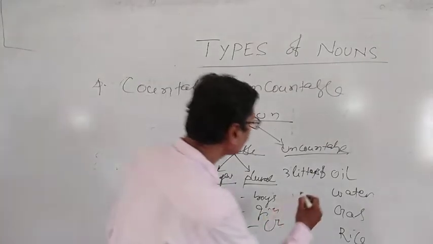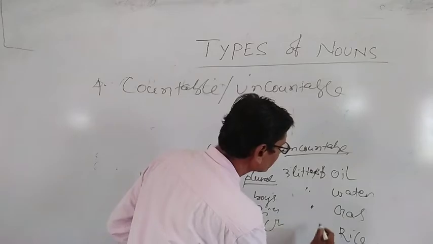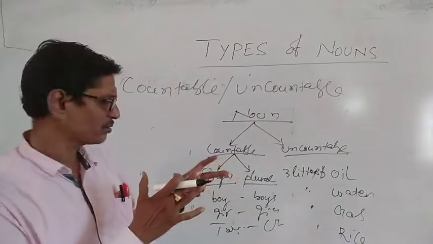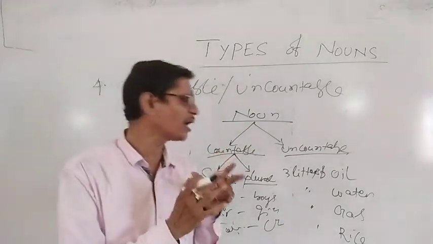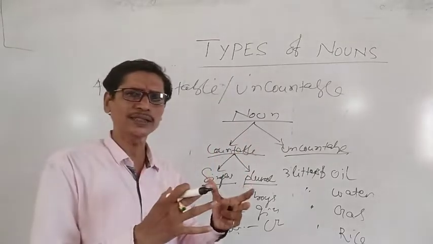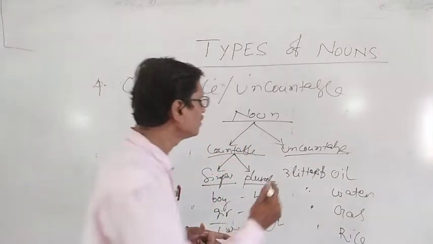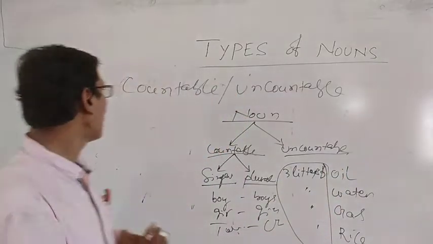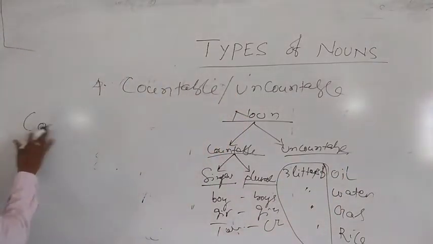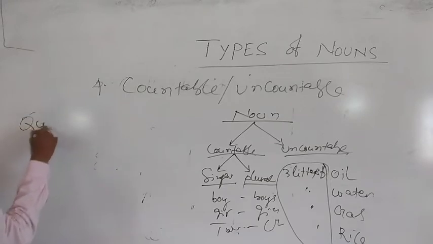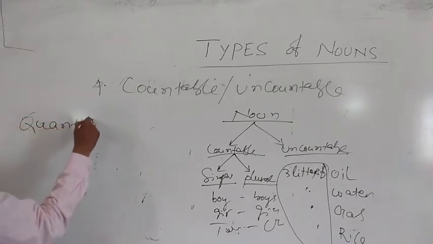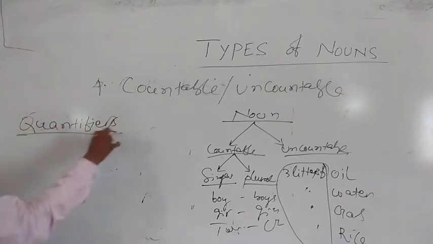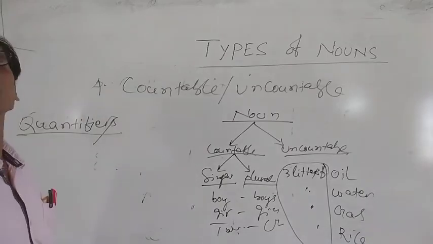Understand? So, those words we use before uncountable nouns to know their quantity, to know their amount, are called quantifiers.